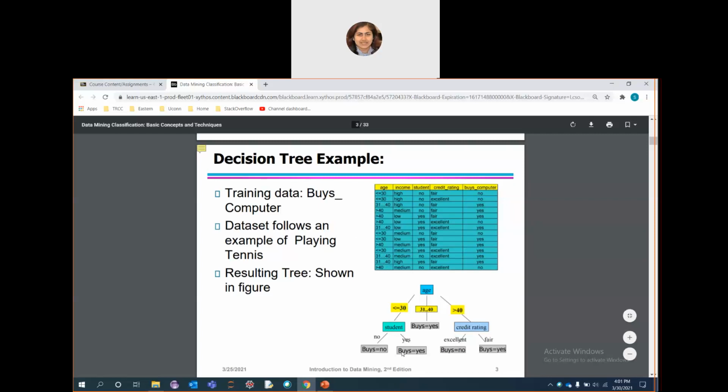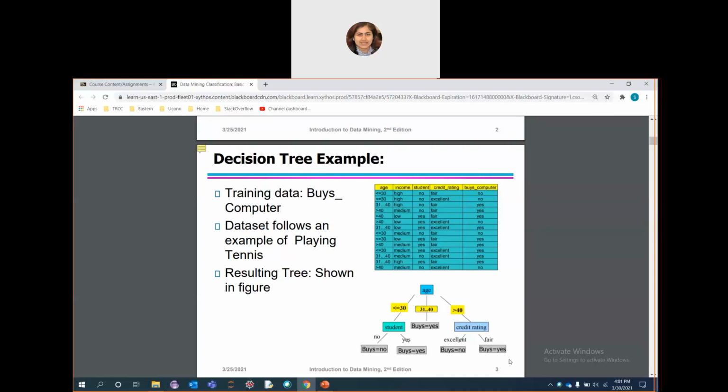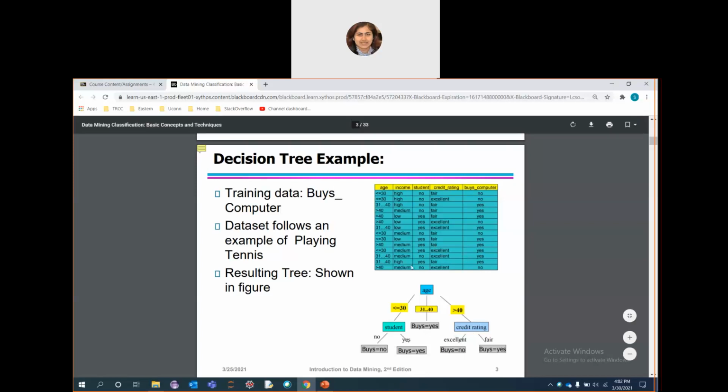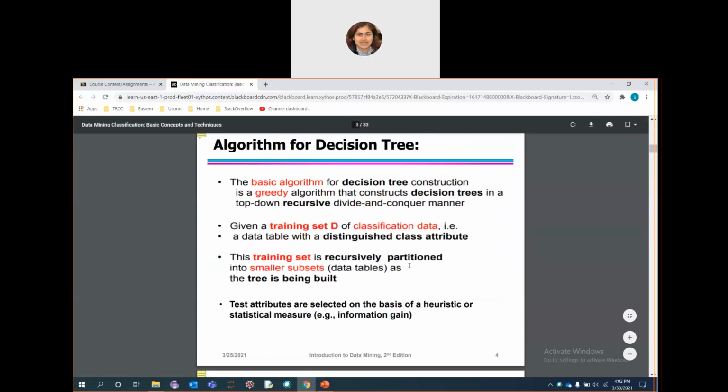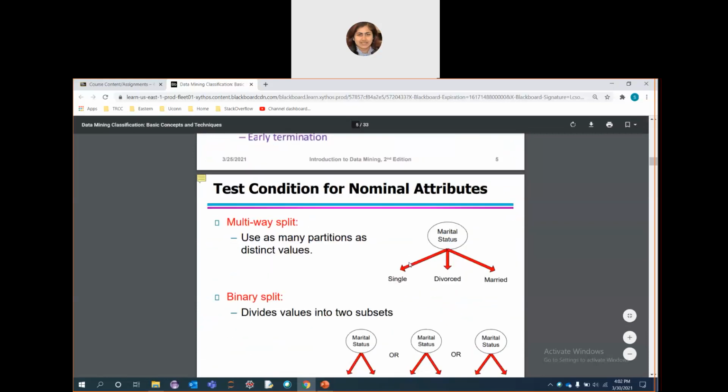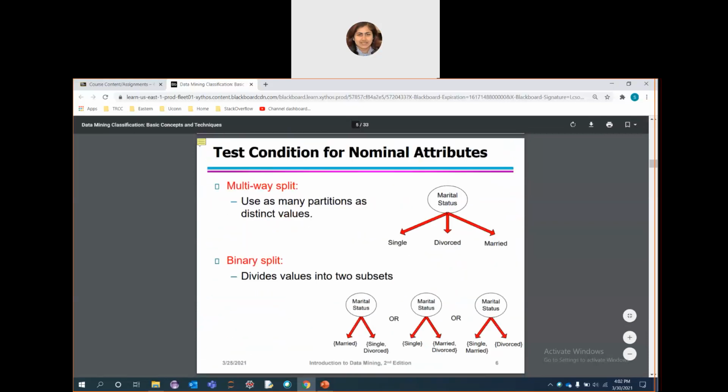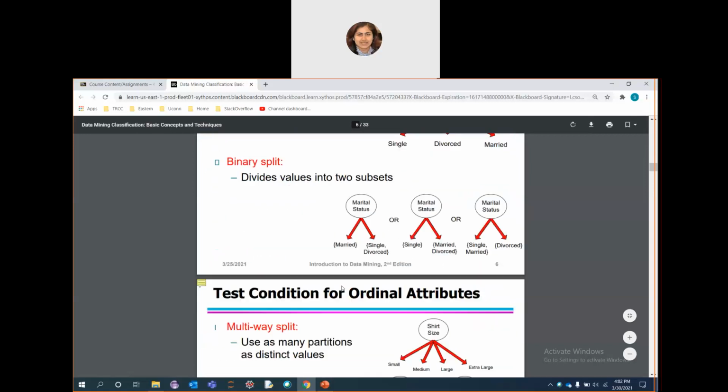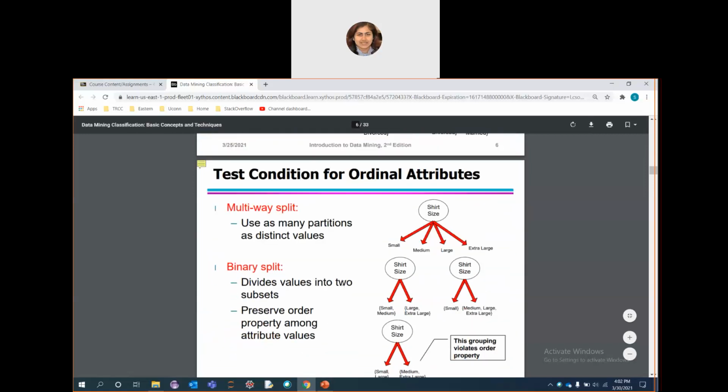So based on this, we are going to learn how you construct this tree, how to get this format of a tree from the data set and how it will help us perform the classification. We have also seen the various test conditions for the nominal attributes, then the ordinal attributes.